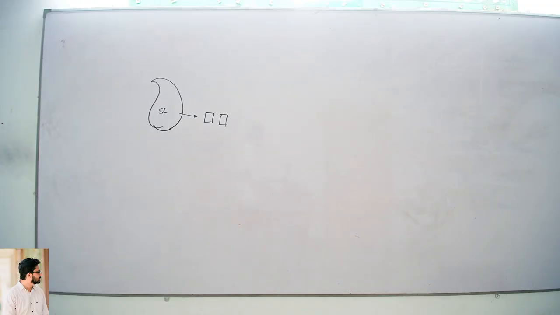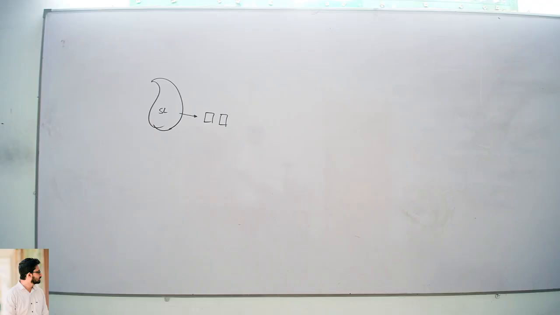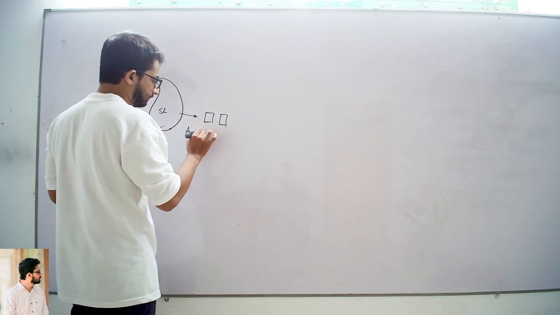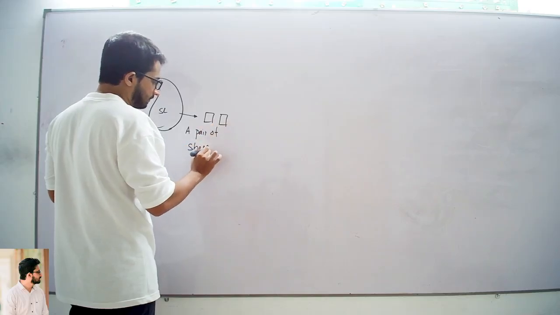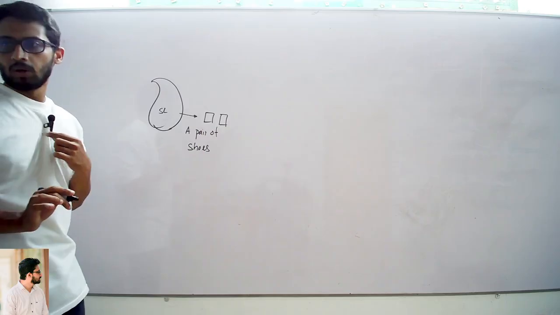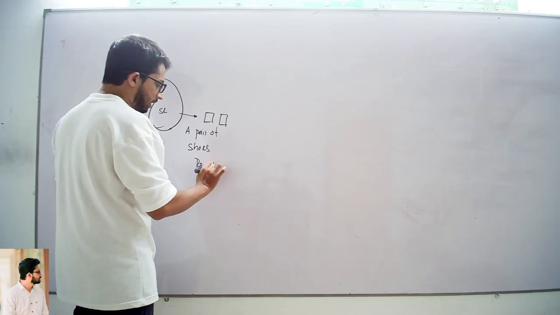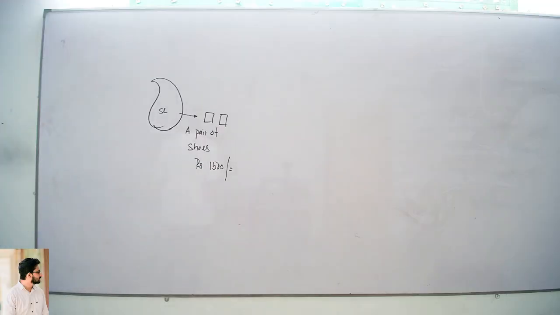One pair of shoes is being sold for 1,500 rupees. This is the price of the domestically produced pair of shoes.